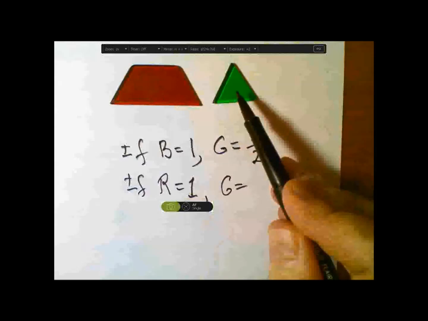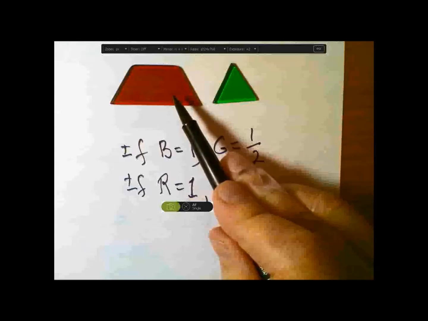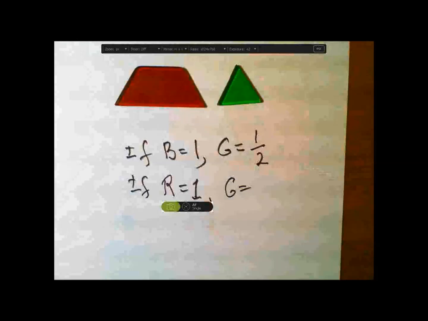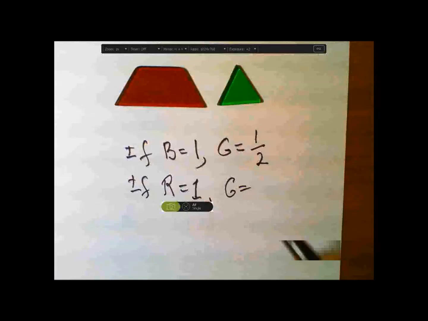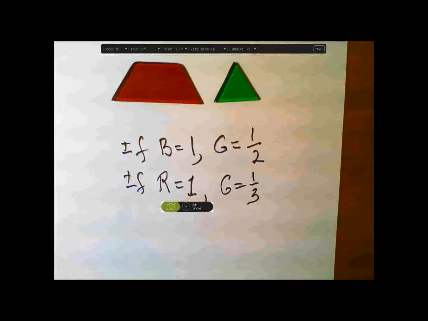No. How many times does the green go in the red? How many times? 1/3. 1/3. If the red is 1, how much is the green? Say it again, 1/3. How many of you agree that if the red is 1, the green is 1/3? Everybody agree? Yes.